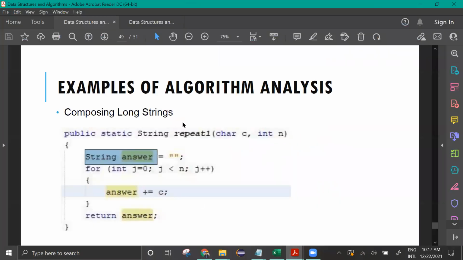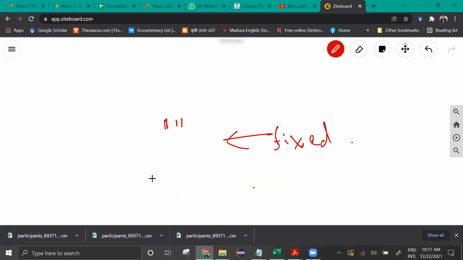So with this operation, internally the string handles this in a loop. What it does is it creates a new array, right? Like this is an empty array.